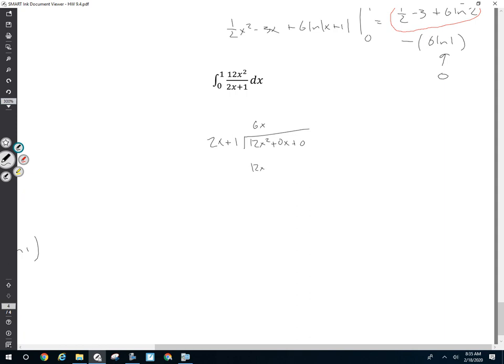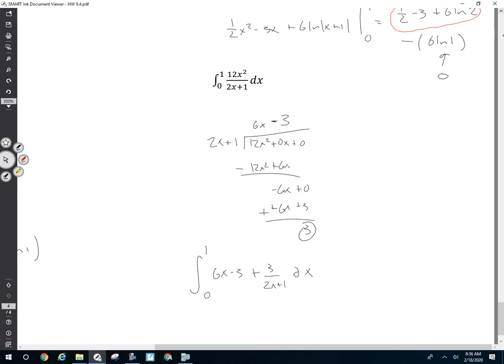This is 12x squared plus 6x. This is negative 6x. So this would be minus 3. That's minus 6x. This is plus a 0. Minus 3. Add the opposite. That turns into a remainder of 3. So I actually would write this as 6x minus 3 plus 3 over 2x plus 1.